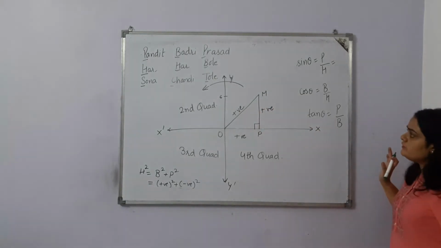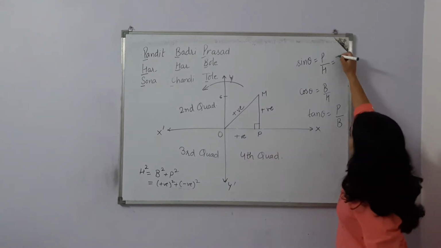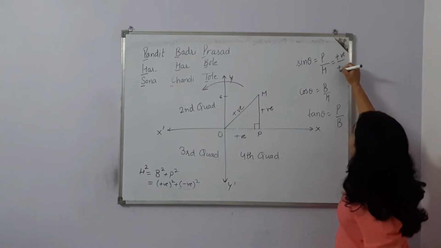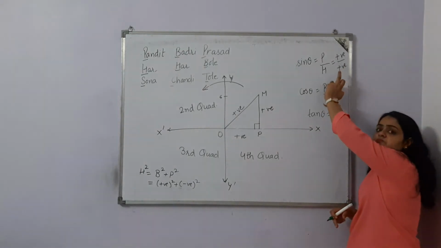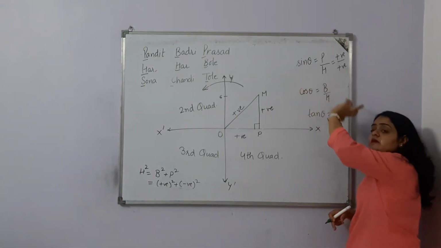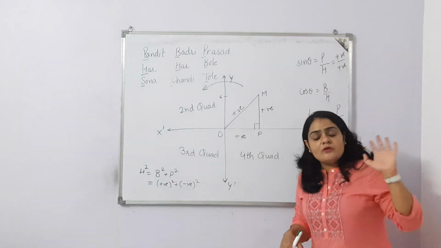What you are watching is that the perpendicular is positive and the hypotenuse is also positive. Positive by positive gives a positive answer in the case of sine theta. In the case of cos theta, the base is positive and the hypotenuse is also positive, so again we get a positive answer.